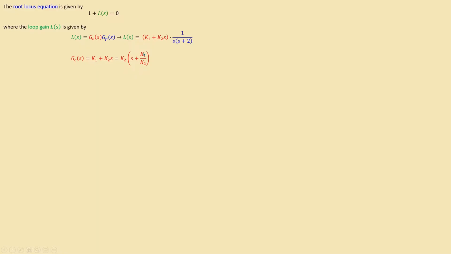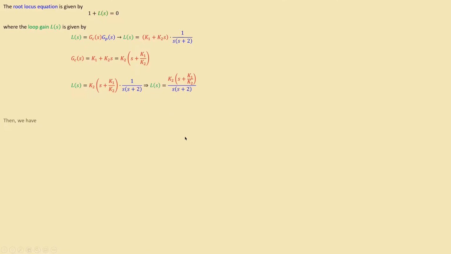That is actually determined by K1 over K2. So if you make s equal to minus K1 over K2, you will have your zero. If I use this expression for my loop transfer function, it will be a little bit simplified and written in this form. So I will use this.